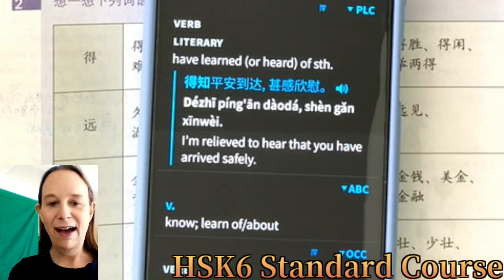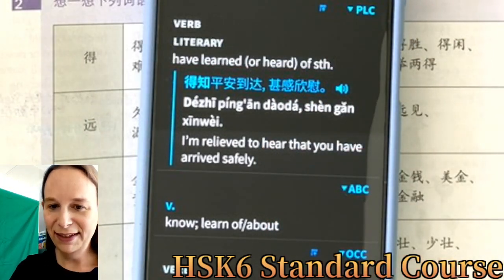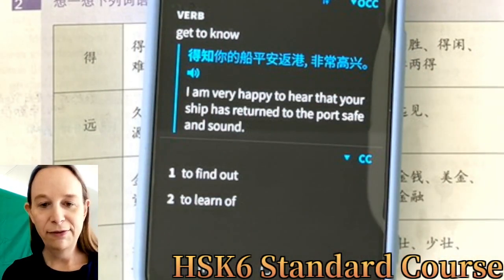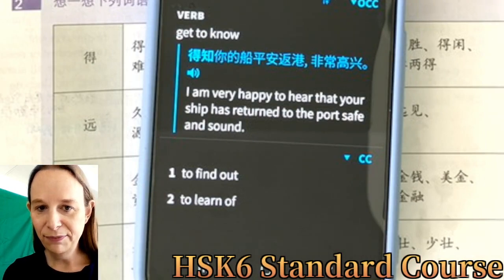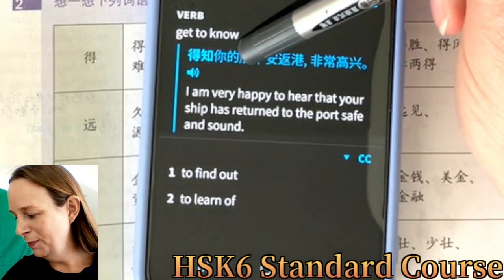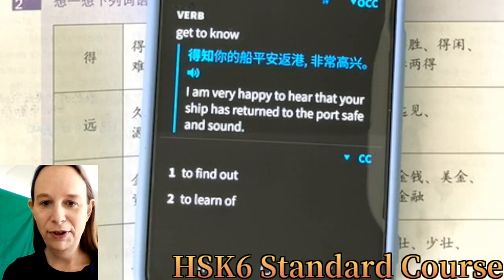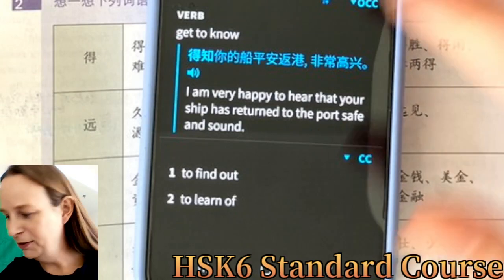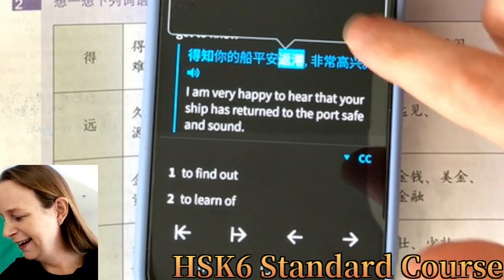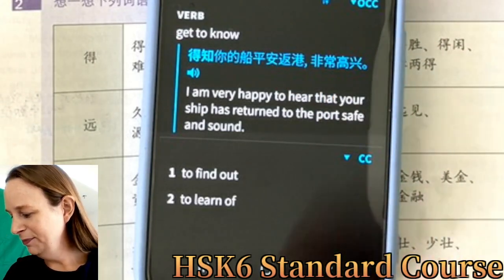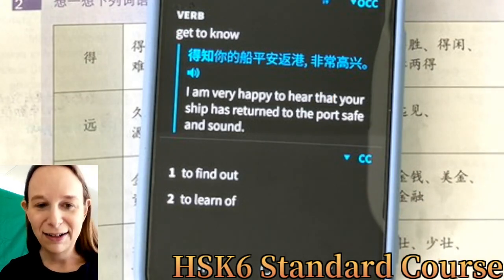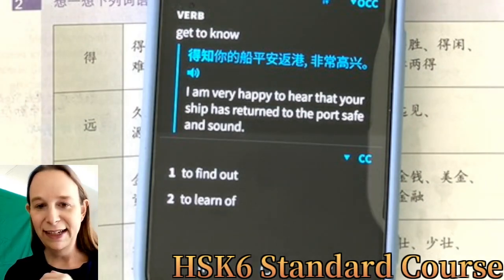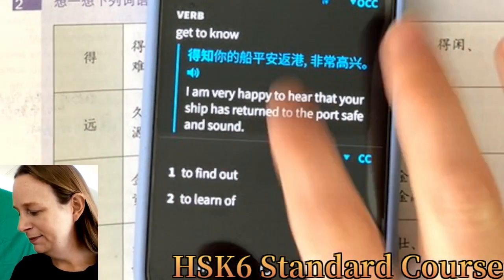I strongly felt a sense of relief, something like that. 得知你的船平安返港，非常高兴. Okay, upon hearing your boat safely returned to port. I think 返港 can also mean return to Hong Kong, right? So the 港 could be a port or it could be Hong Kong in particular. 非常高兴. Yeah, so I was very happy.